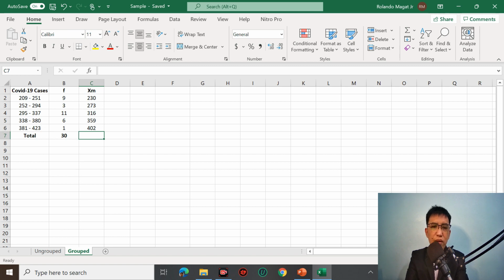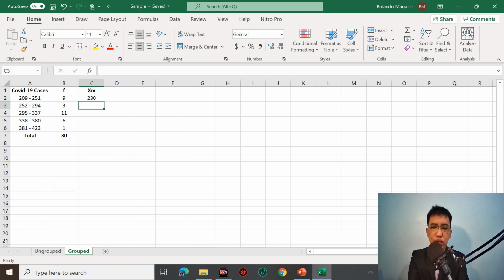Or another way of doing this is to determine the value of the first class midpoint. Then we know that the class width, or the class interval, is 43 in this case. So we just add 43 here.